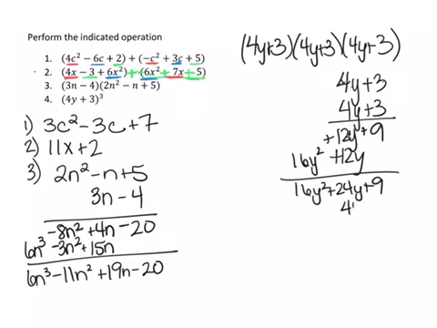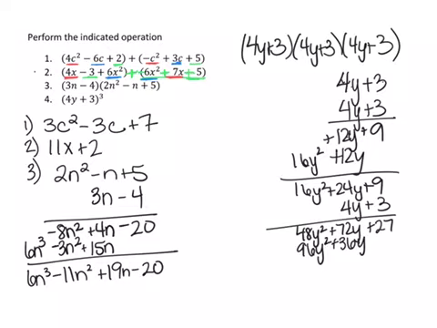Now I need to multiply by 4y plus 3 again. 3 times 9 is 27. 3 times 24y is 72y. 3 times 16 is 48y squared. 4y times 9 is 36y. 4y times 24y is 96y squared.